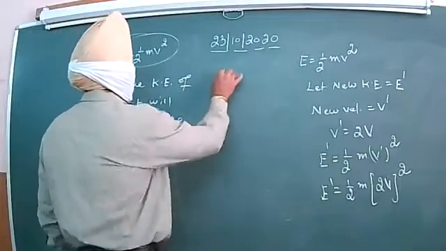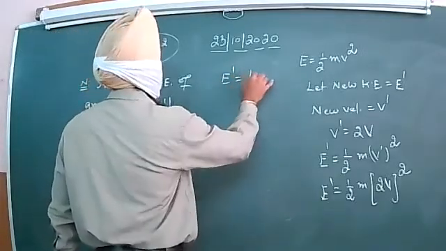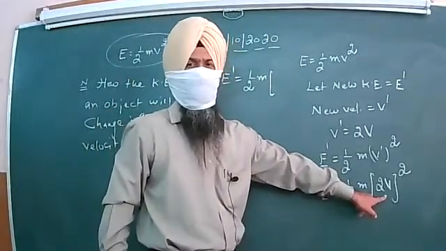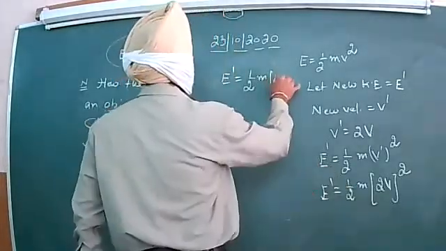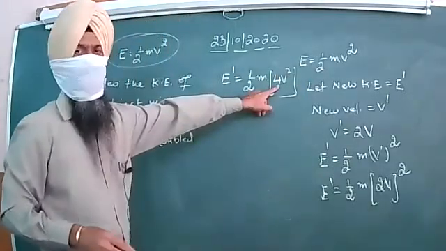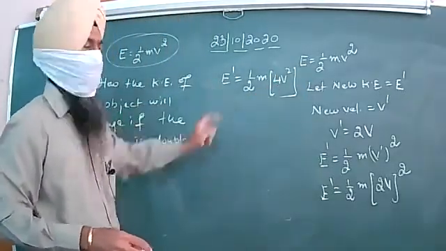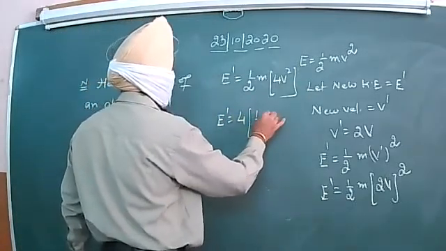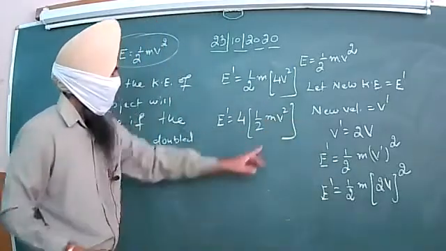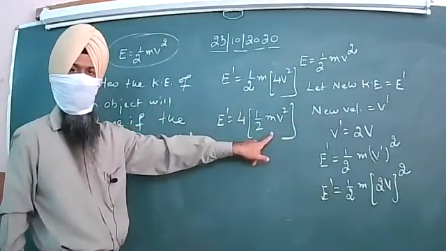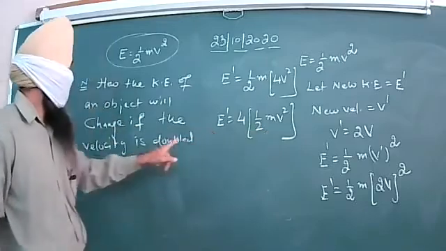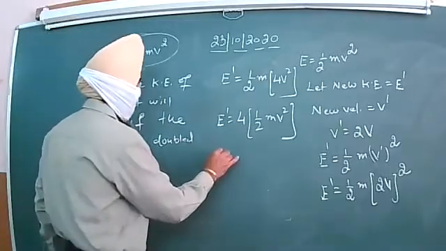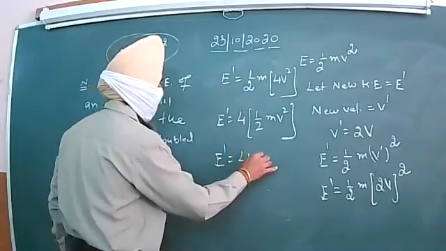What we will have is E dash equal to 1 by 2 m into 2V, and when we complete the square, it is 4V square. 4 can be taken outside, and E dash is 4 times 1 by 2 m V square. You can see this expression, 1 by 2 mv square, is nothing but the initial value of the kinetic energy. So I will say that E dash is equal to 4 times E.